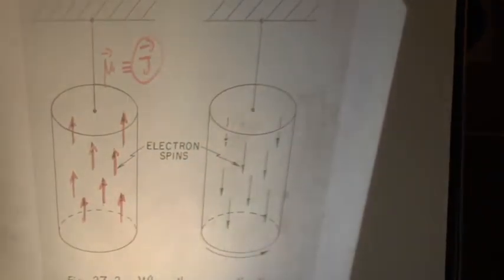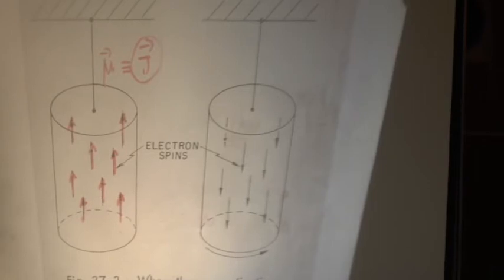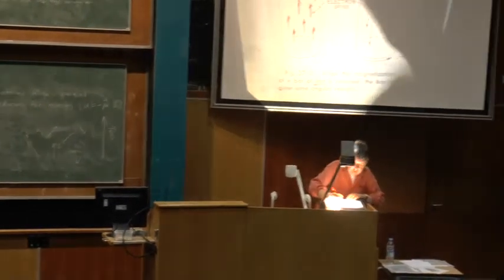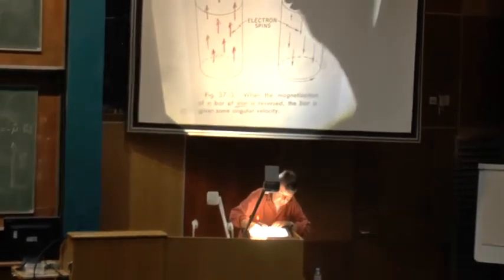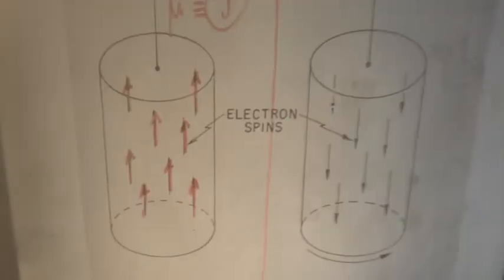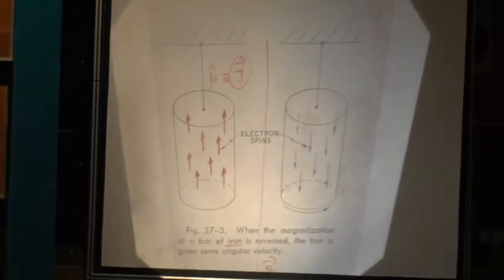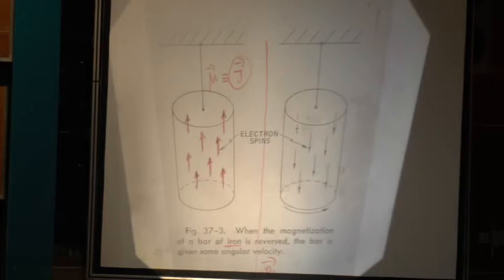Now people say, quantized angular momentum isn't really angular momentum, it's a different sort of quantity. But if you were to put this in a very large magnetic field and do the experiment very carefully to avoid the Faraday's law effects, and you put it in a massive external magnetic field in the opposite direction, you can flip all the spins over.